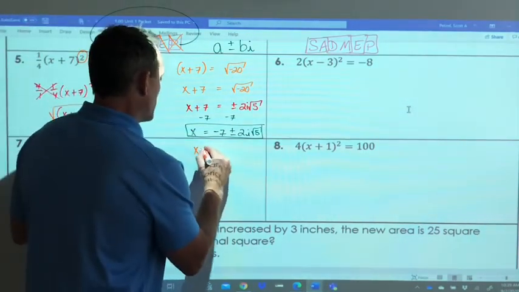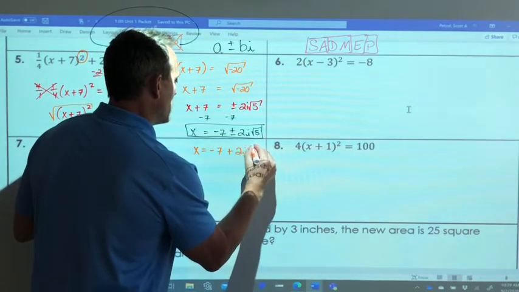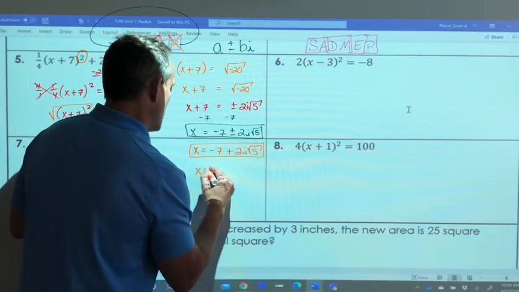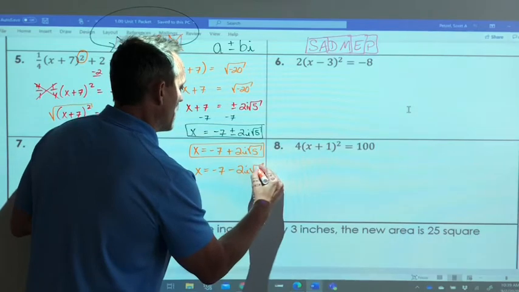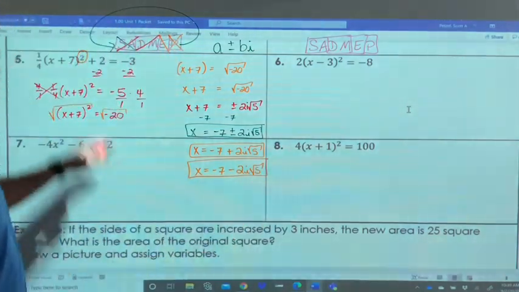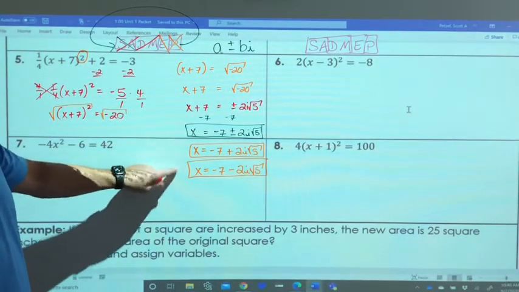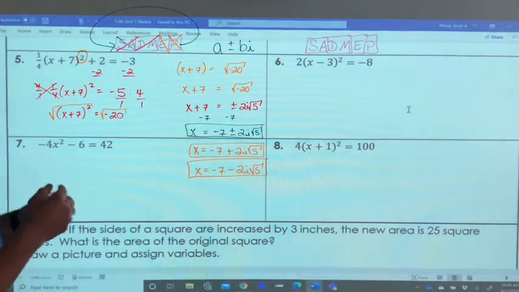So this answer is technically negative 7 plus 2i root 5, and negative 7 minus 2i root 5. You have two answers. Quadratic, two solutions. Plus, minus. That's why you have to be consistent with that.